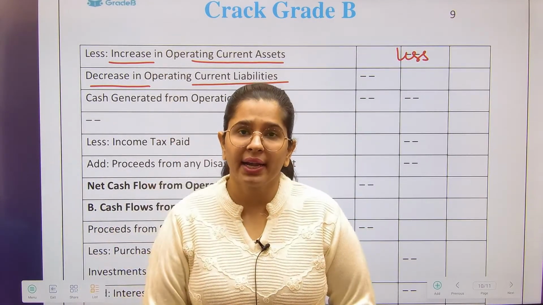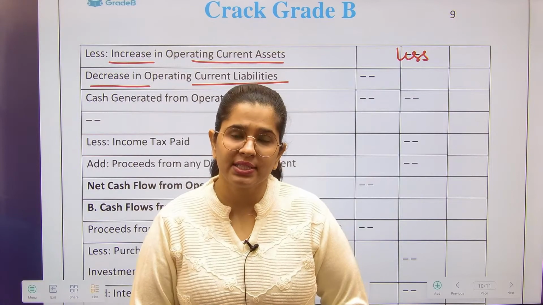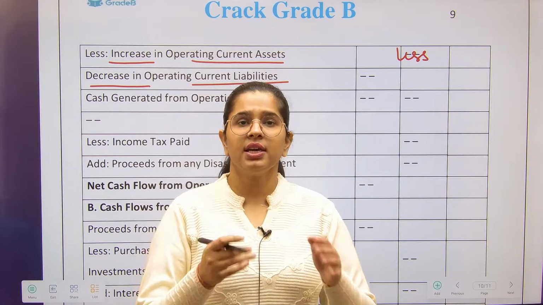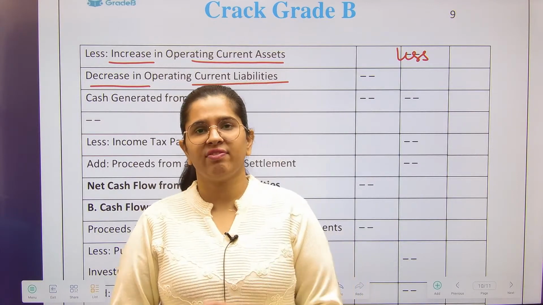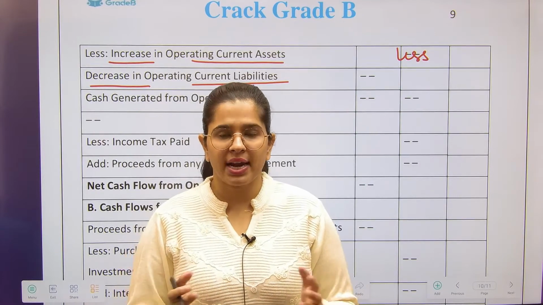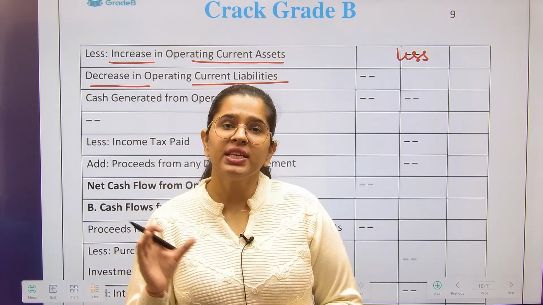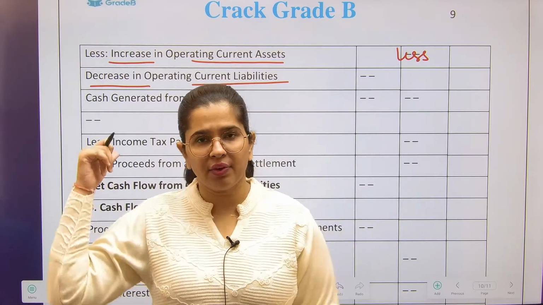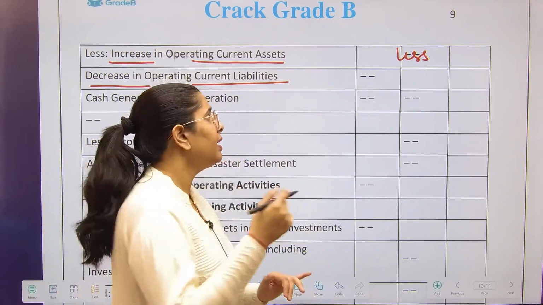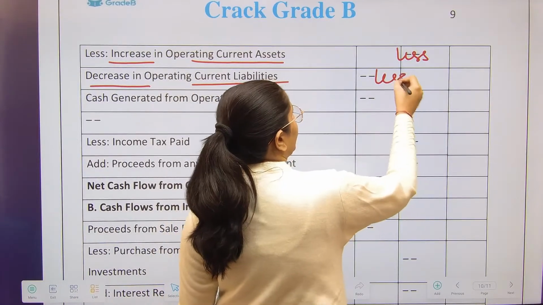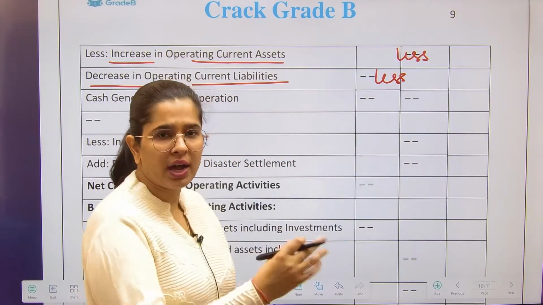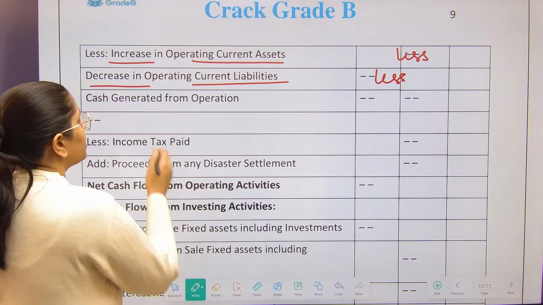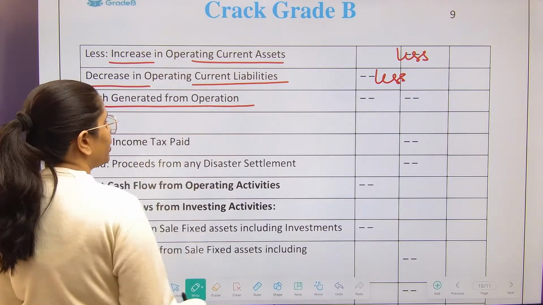Last year my outstanding operating expenses were 20,000. Current year my outstanding expenses are just 5,000. Correct? So 15,000 of outstanding expenses I have made payment of. Therefore this has been deducted, right? So it will be less because cash has gone out of my pocket. So this will be cash generated from operations.